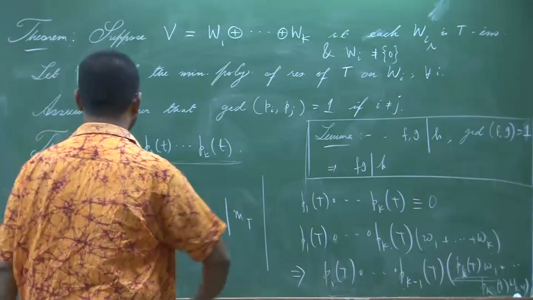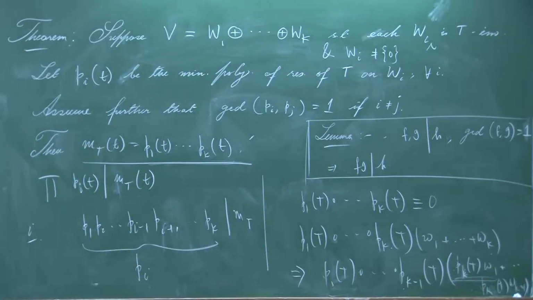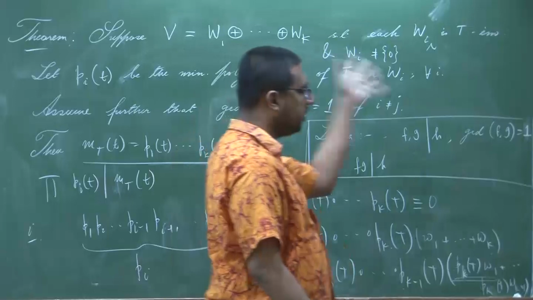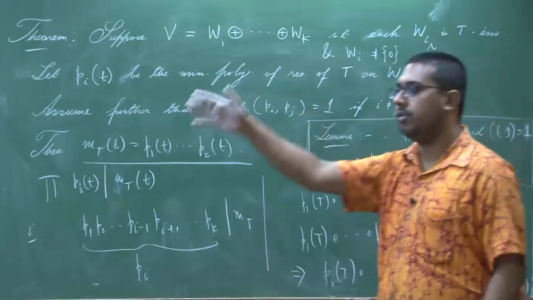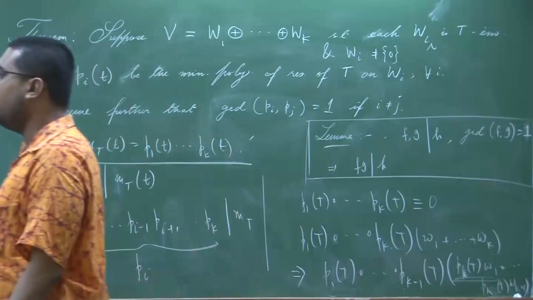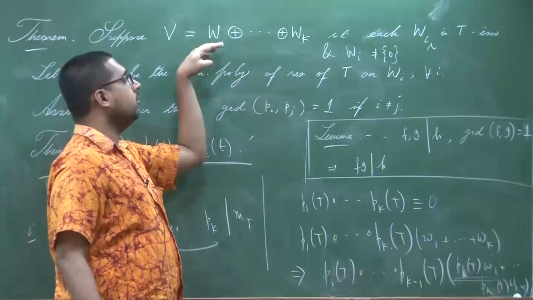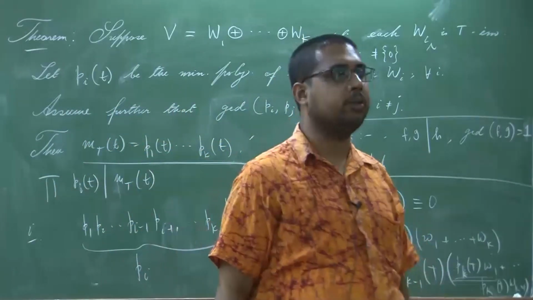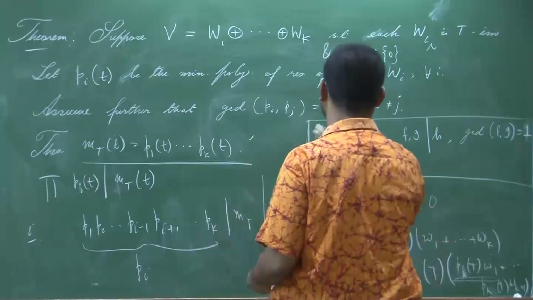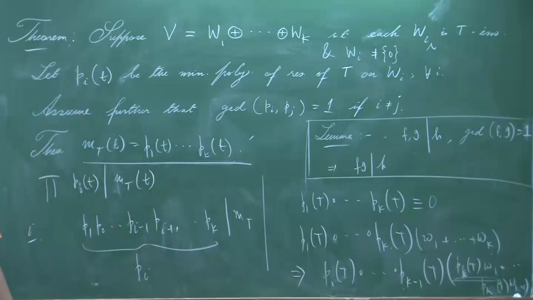So, therefore, we see that this is the minimal polynomial. Let me try to explain what this theorem says. It says, suppose you have a decomposition into non-trivial invariant subspaces and you know the minimal polynomial on each of these direct summands, and if they happen to be mutually co-prime, then the minimal polynomial of T is going to be the product of the minimal polynomials.